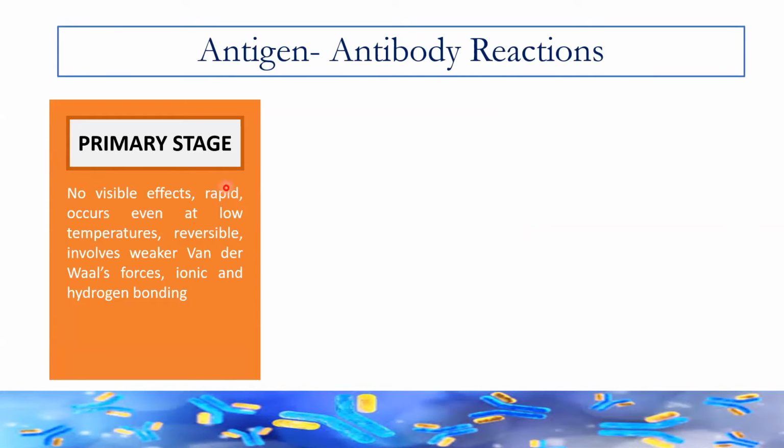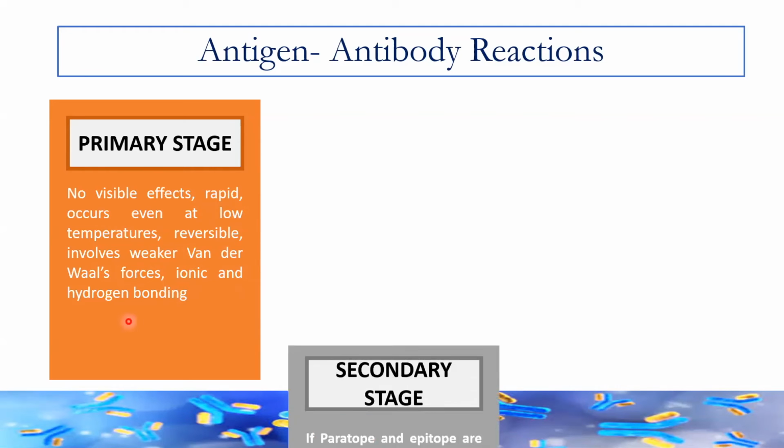So everybody understood. The first stage in antigen antibody interaction is when the epitope binds to the paratope. The interaction is not visible. It is reversible, and it involves weaker interactions like van der Waals effect, ionic effect, hydrogen bonding.